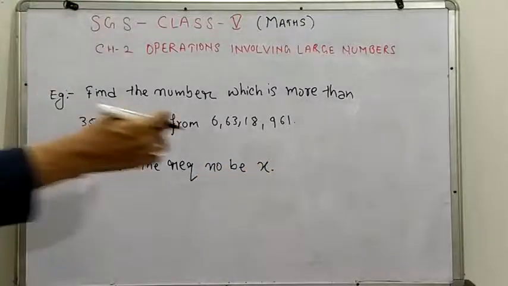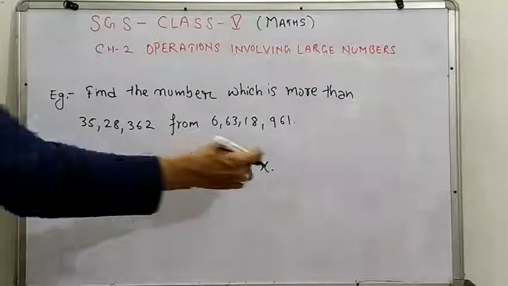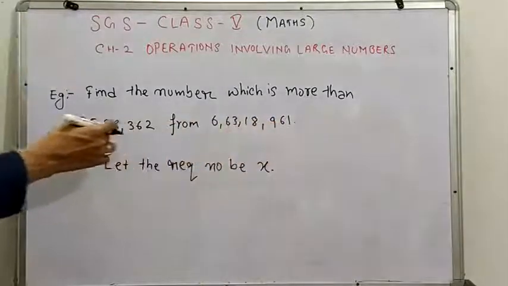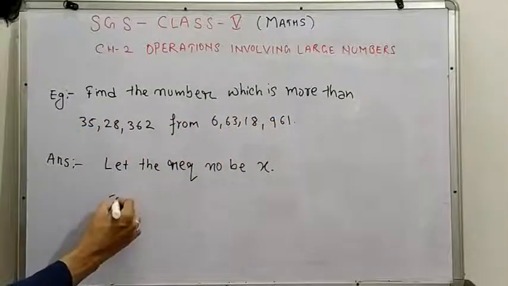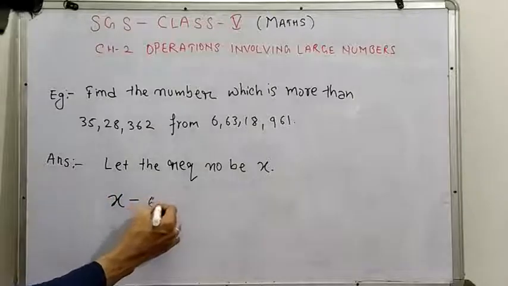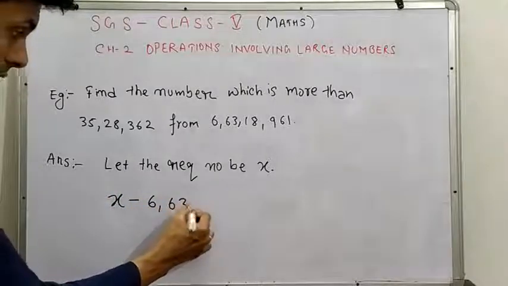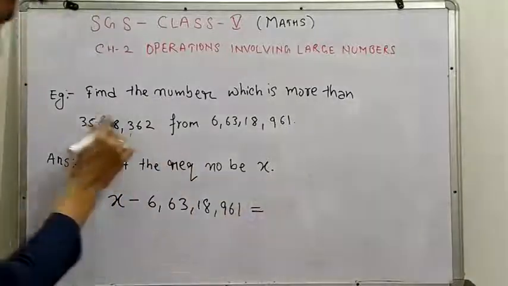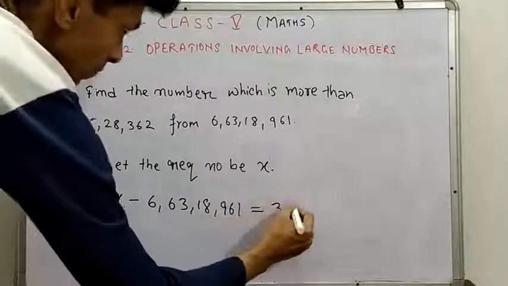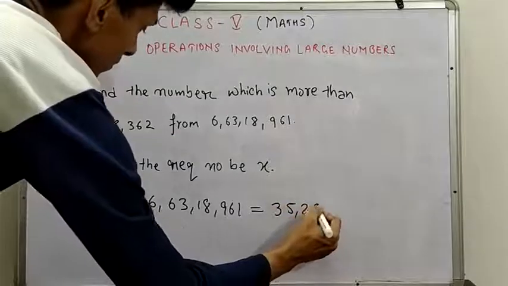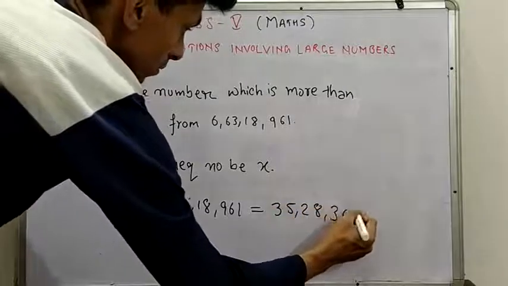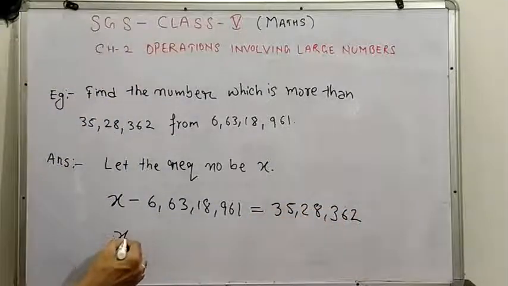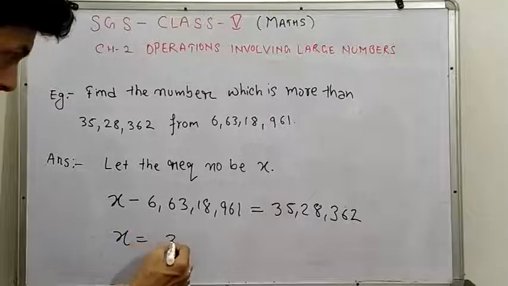It means this is our required number. If we subtract this number from this number, then we get this number. So we will subtract x minus 6,63,18,961. We get the result 35,28,362.